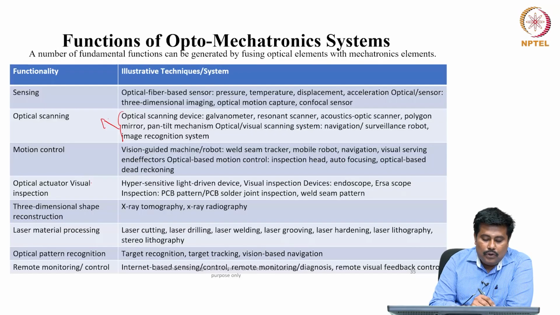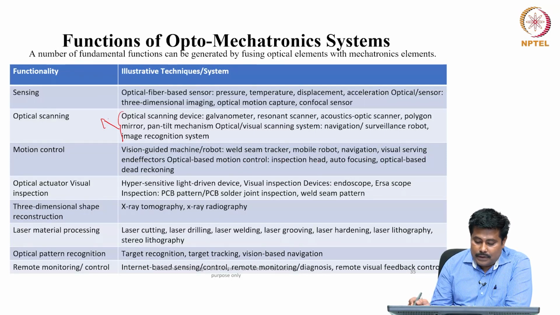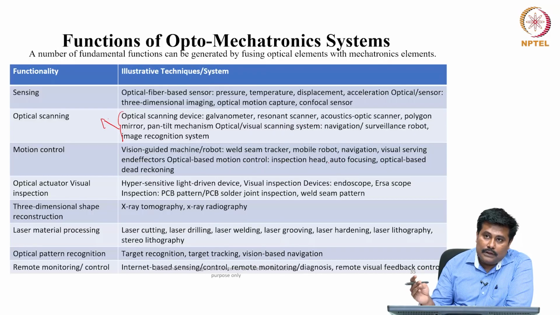From the motion control point of view, we have the vision guided machine robot, with a well-designed tracker, mobile robot navigation, visual servoing end effectors, optical based motion controls, inspection heads, autofocusing, and optical based dead reckoning systems.